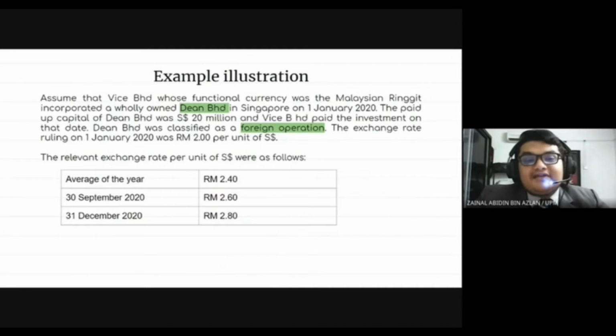The relevant exchange rates per unit of Singapore dollar were as follows. Average of the year, 2 ringgit 40 cents. At 30 September 2020, 2 ringgit 60 cents. At 31 December 2020, 2 ringgit 80 cents.